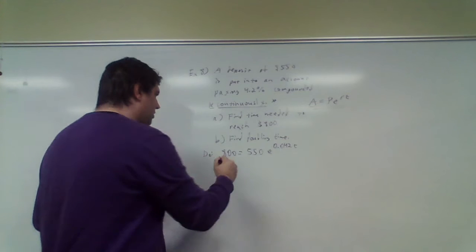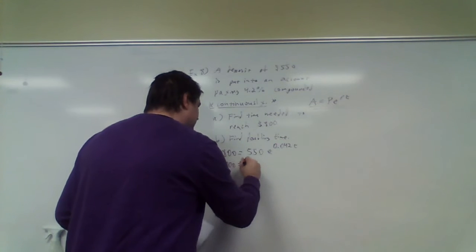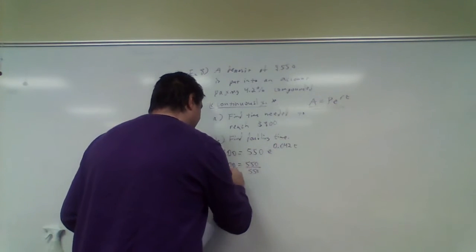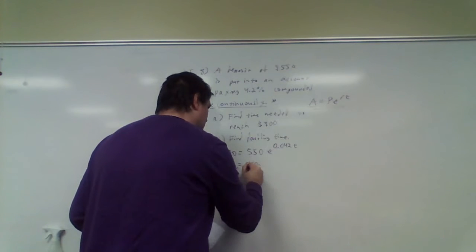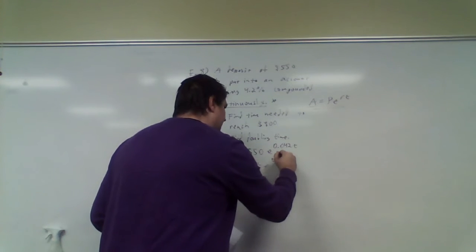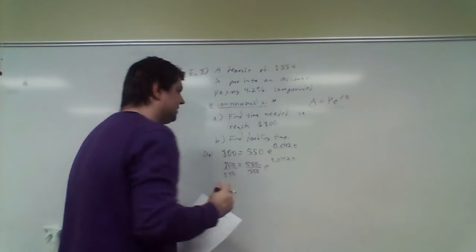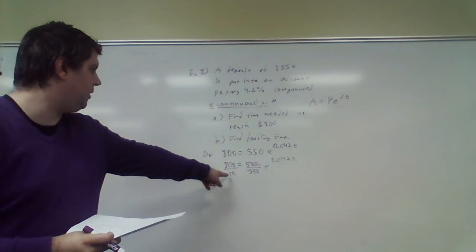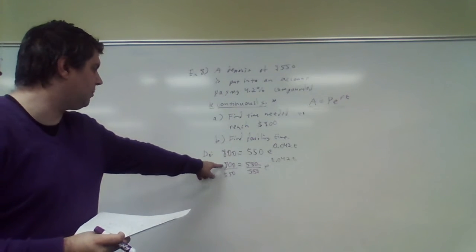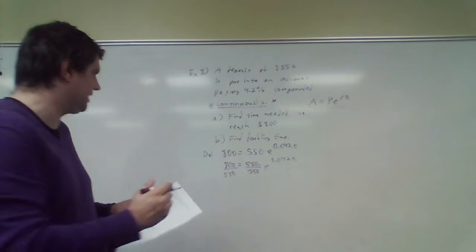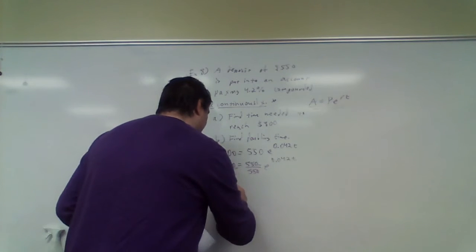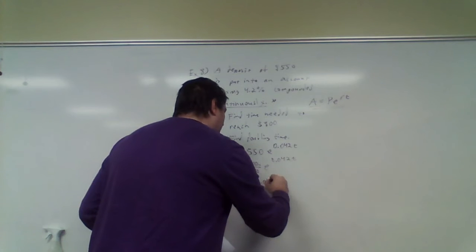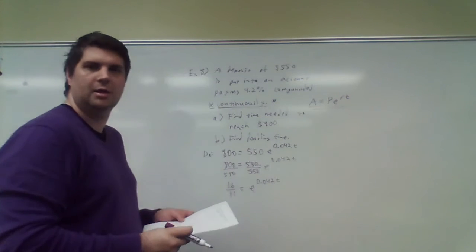So what we're going to want to do first is divide off the 550. The E expression remains the same. This reduces, both of these are divisible by 50, so that reduces to 16 elevenths equals E to the 0.042t power.